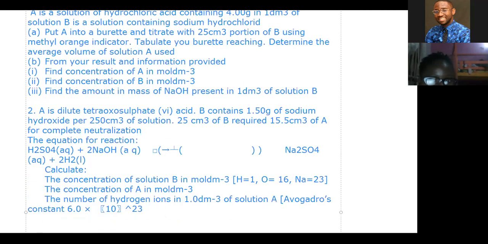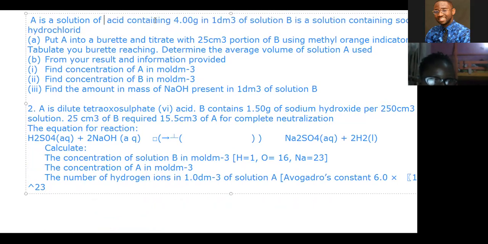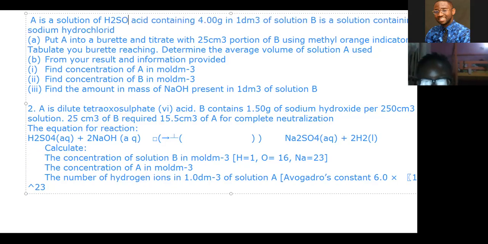Now we have a question like this. I know this was H2SO4 containing how many grams in 1 dm cube?